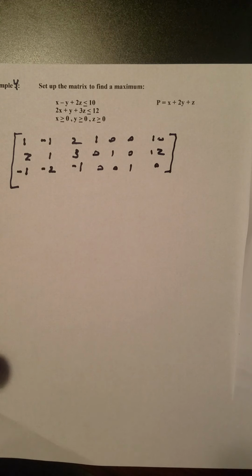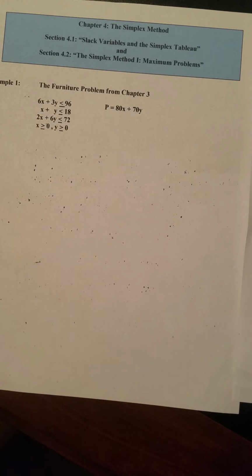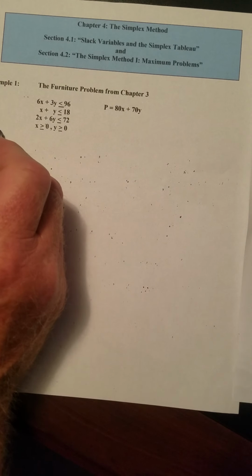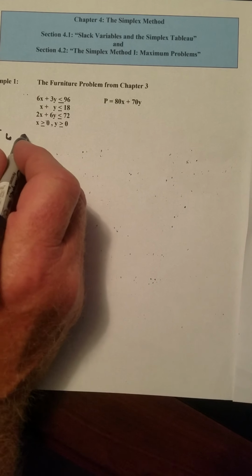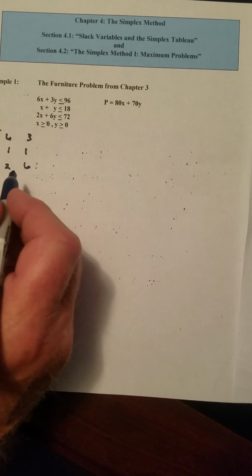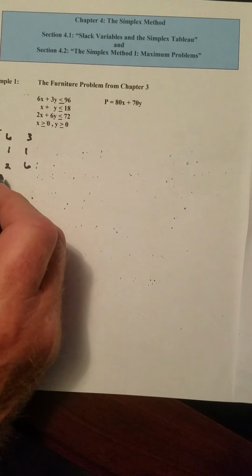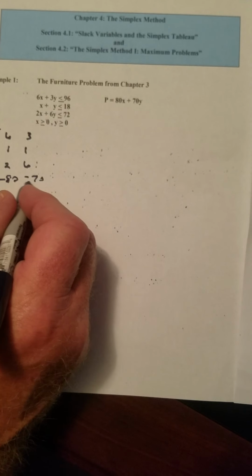Okay, so I spent a lot of time setting it up. Now I'm going to go back to this one, and this is in the book. I don't particularly like the way it's put in the book, but it is the same problem. So if I went back to set this one up again, I'm going to have 6, 3, 1, 1, 2, 6. I want to have -80 to make my bracket big enough, -70.